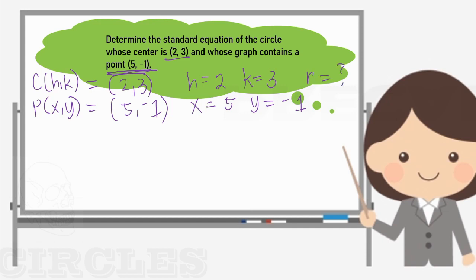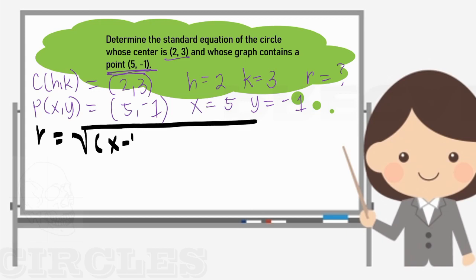Then, recall lang natin ulit yung formula sa paghahanap ng r is equal to square root of (x minus h) squared plus (y minus k) squared.